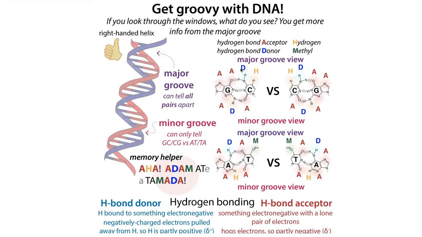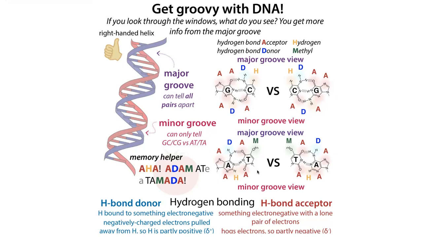If you look at the major groove of GC, you would see AADH: an acceptor, an acceptor, a donor, and a hydrogen. If you look at the CG, you would see HDAA: hydrogen, donor, acceptor, acceptor. But in the minor groove, they would actually look the same in both cases. You'd see an acceptor, a donor, and an acceptor.